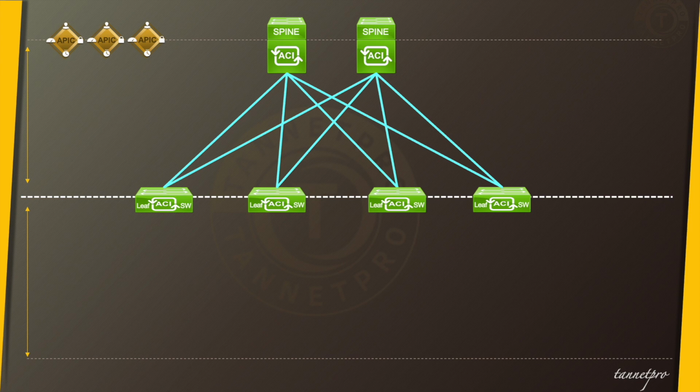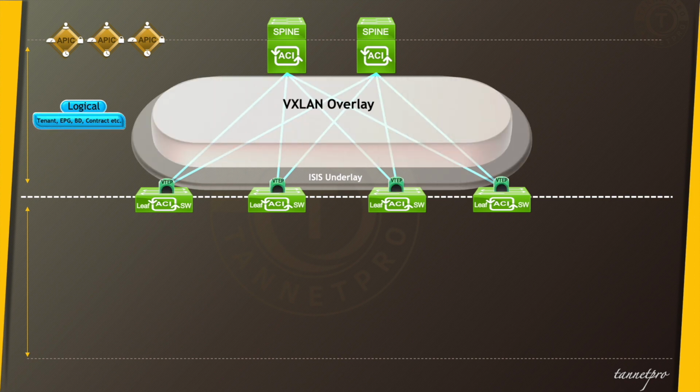Here, I have drawn two separations. The very first part is the logical part over here. In the logical part, your underlay and overlay exist, and on top of that we create a tenant, EPG, BD, contract, and the other parts also.